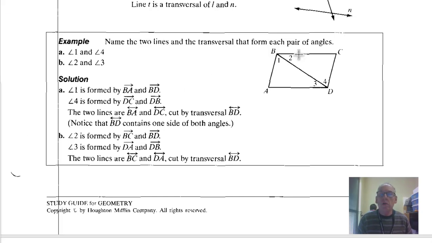one thing we can notice is these are alternate interior angles.